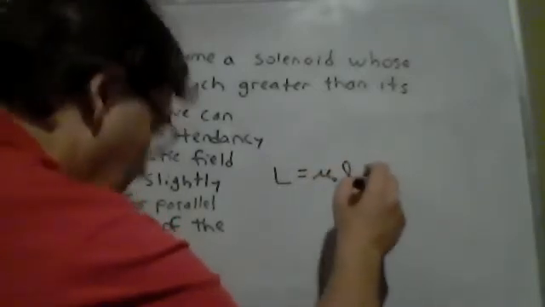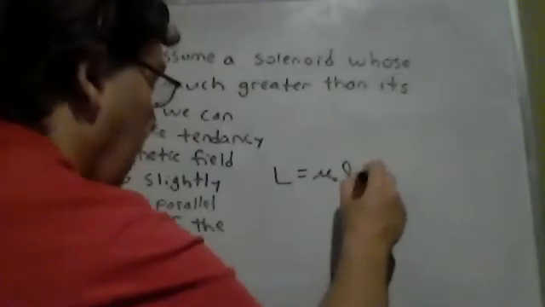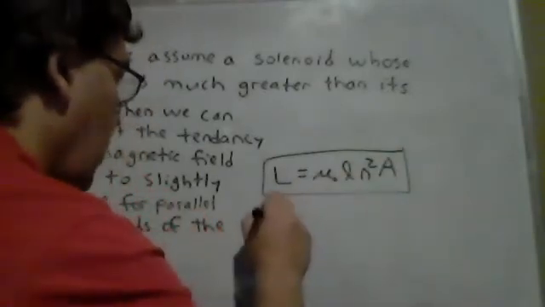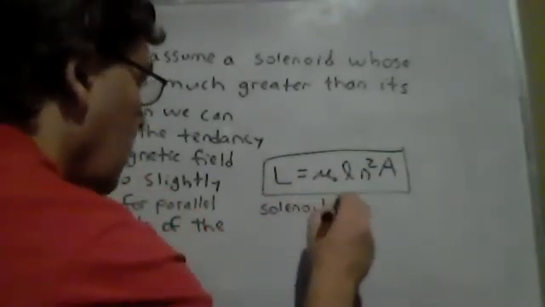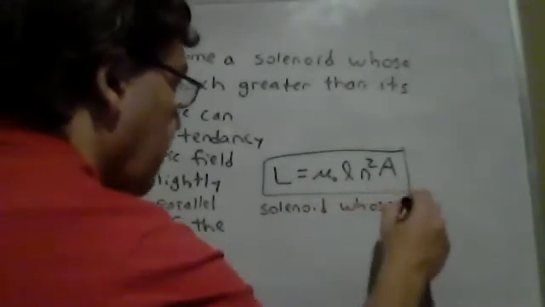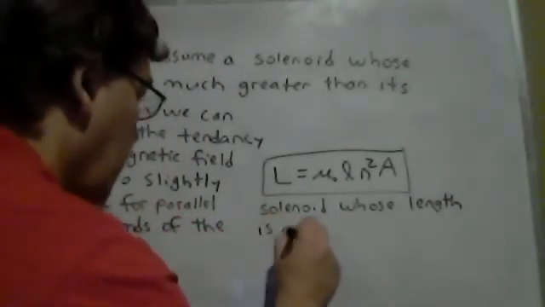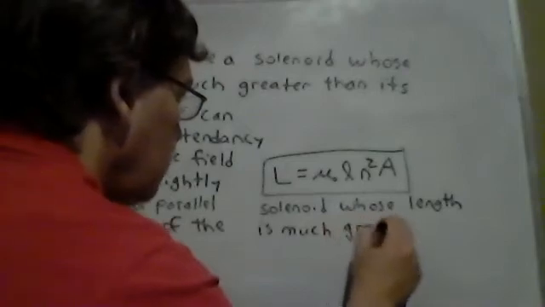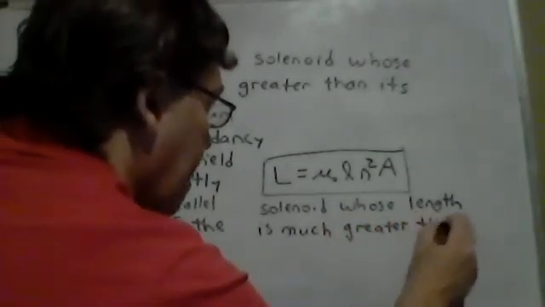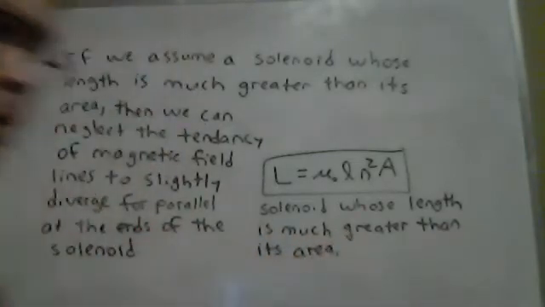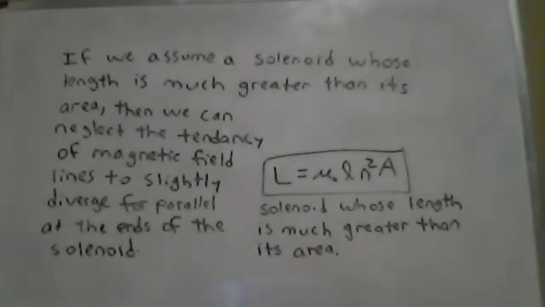L N squared A. This is for a solenoid whose length is much greater than its area. Okay, so again, this is the inductance for a solenoid, and in fact, you can use a solenoid as an inductor.